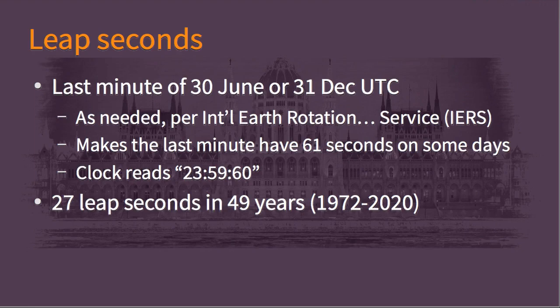So if they decide to inject a leap second, that last minute will be 61 seconds long instead of 60 seconds long, and the clock will read 23:59:59 and then 23:59:60, and then it will read 00:00:00.